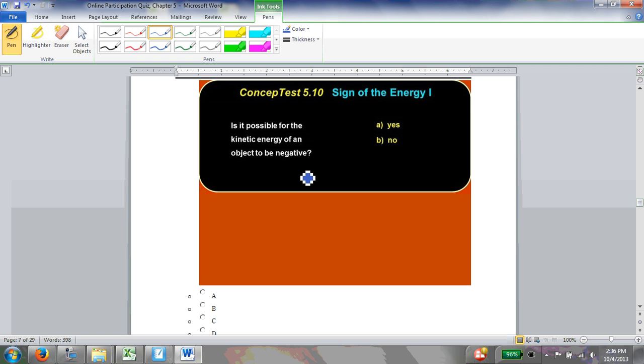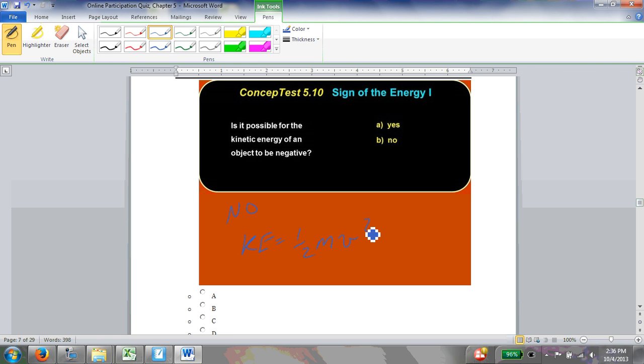Is it possible for kinetic energy to be negative? Well, no. Kinetic energy is a scalar quantity. Also, if you look at it mathematically, I remember work was also a scalar quantity, but it could be negative. Remember we said that the negative didn't mean a direction, but instead it meant that it was taking away energy.